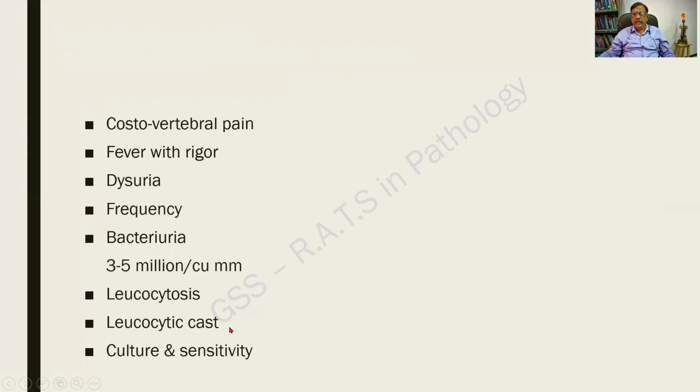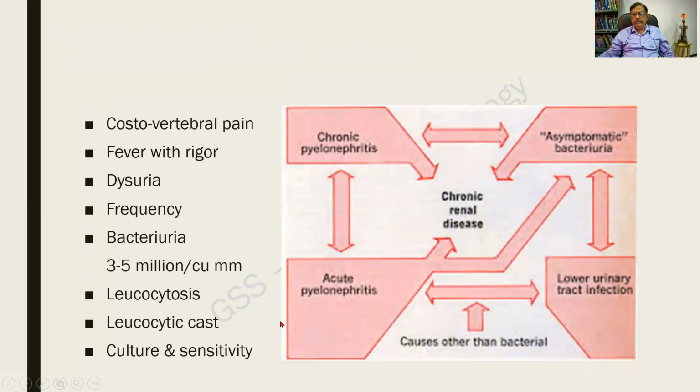Sometimes there can be a cast. Cast means it is an outline of the tubule. So the entire tubule is being obstructed by the cells and they form a cast called the leukocyte cast. And when you do a culture and sensitivity, it will be positive.